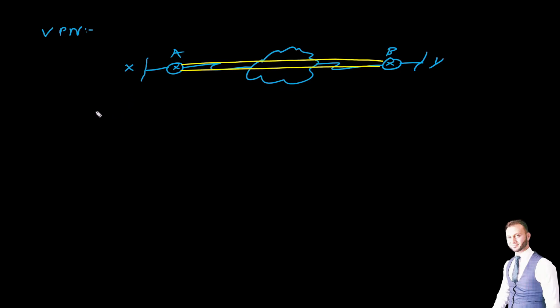Now there are two main types of VPN. One is the Overlay VPN, and the other one is peer-to-peer.